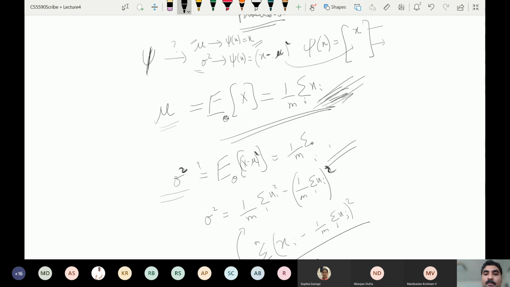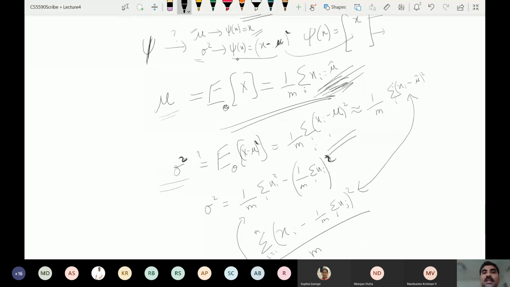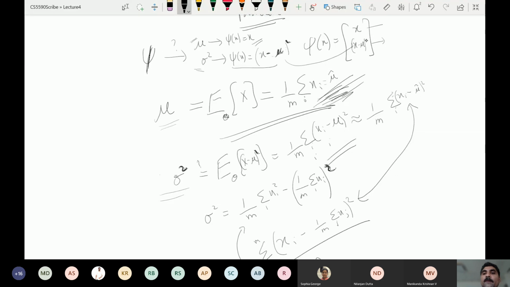This will be 1 by m sum of xi minus mu square. And further we will approximate this by 1 by m sum of xi minus this value. If I call this mu hat, then it is mu hat square. So this matches this, right? So what is the right value of sufficient statistics we should take? It is this, x minus mu whole square.